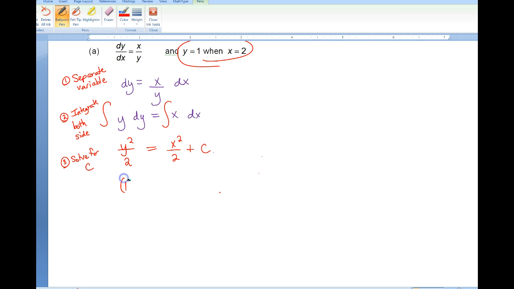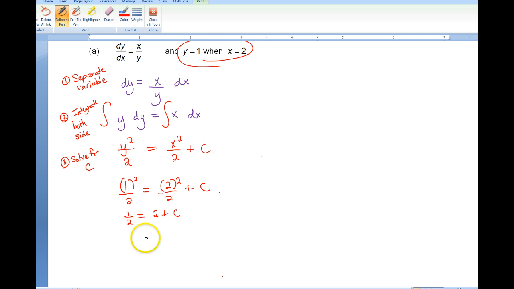So I have 1 squared over 2 equals 2 squared over 2 plus c. This is the same thing we did yesterday, right? So far the only thing that's different is that we have x and y to contend with, that we have to move y over to the other side. Y is 1 and x is 2, it's right there. Okay, so we plug in, so we can solve for c, so we have 1/2 equals 2 plus c.